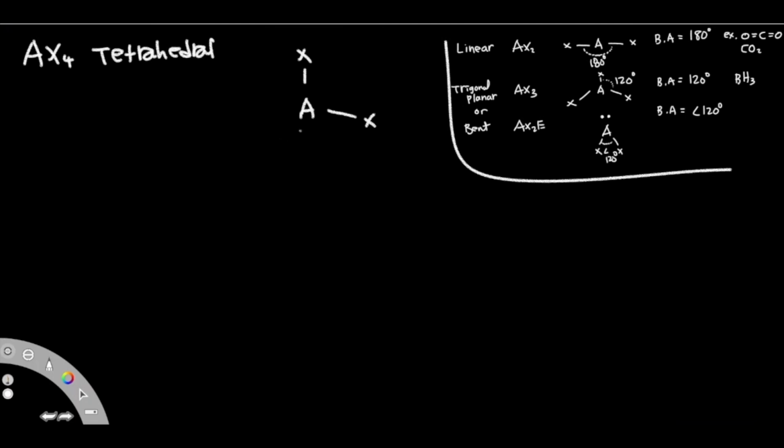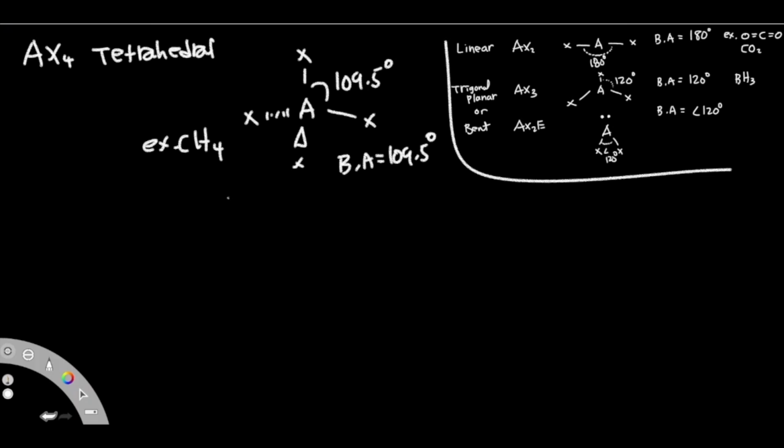So these are in different orientations. And we've already established that it's 109.5. So let's say on this one, all of them 109.5. And bond angle, we've already written it down as BA. It's equal to 109.5 degrees. And one of our examples here would be CH4.